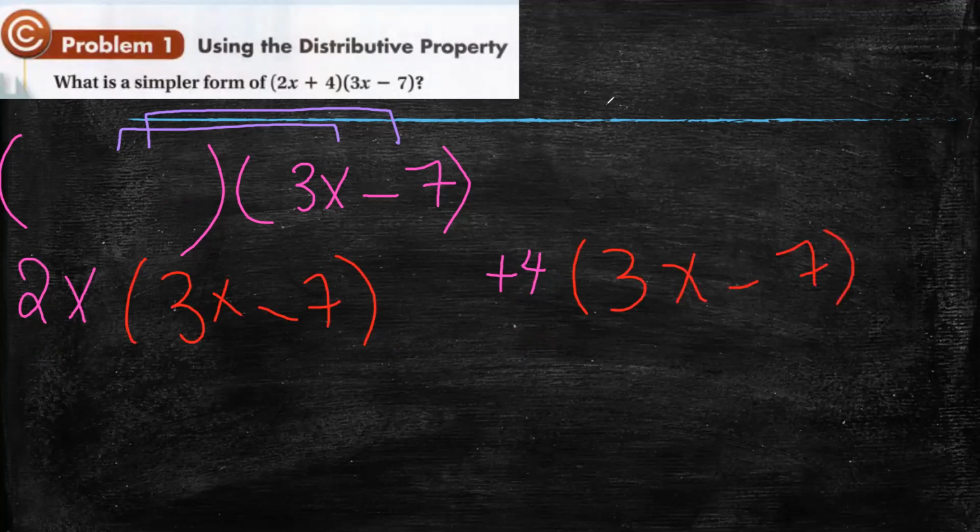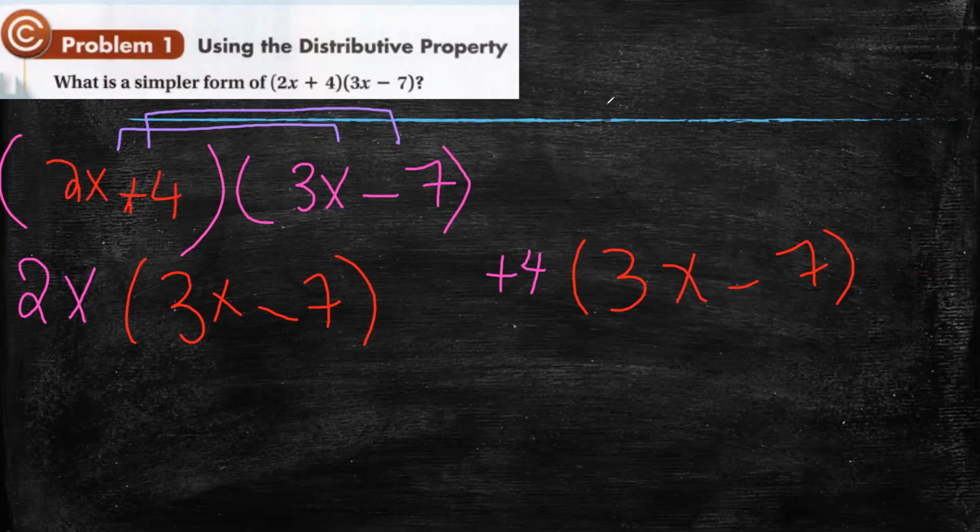So the first step, I take the 2x plus 4 and distribute it, one term here and the other, which is 4, in the second term. Then I multiply the first term, 2x, by the binomial, and the 4 by the binomial.